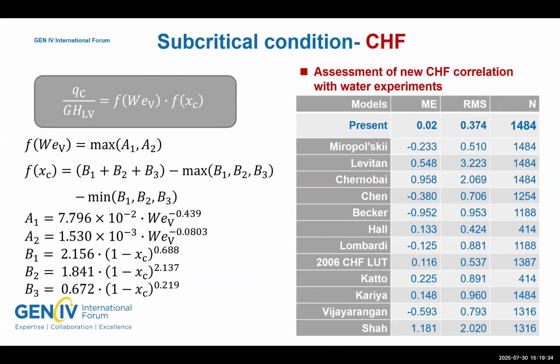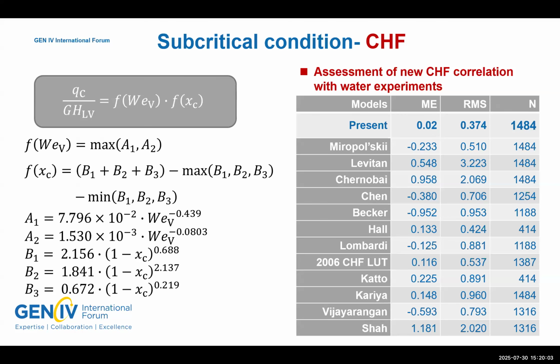And since a reliable distinguishing criterion between DNB and dryout is still unavailable so far, these dimensionless parameters will be considered together. So we apply a group-wise statistical method to figure out the most significant dimensionless parameters.